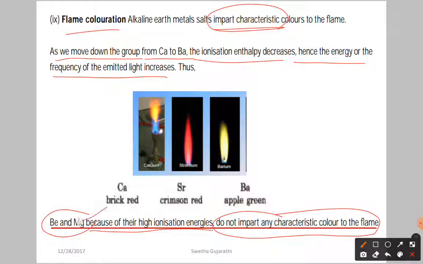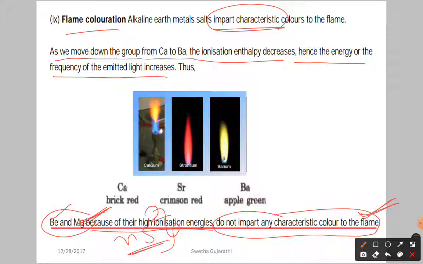We need high energy to remove the ns2 electron from the valence shell of beryllium and magnesium, and that energy is not sufficient in the flame, so they do not give any characteristic color.